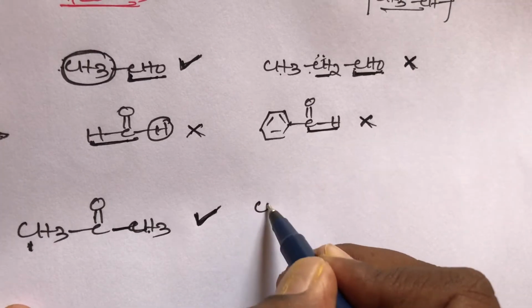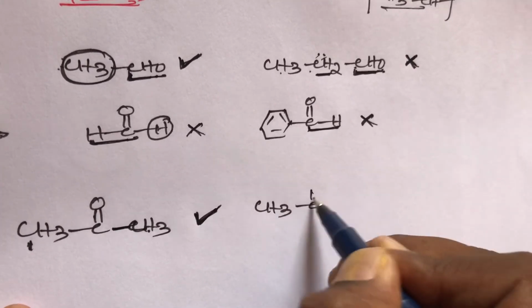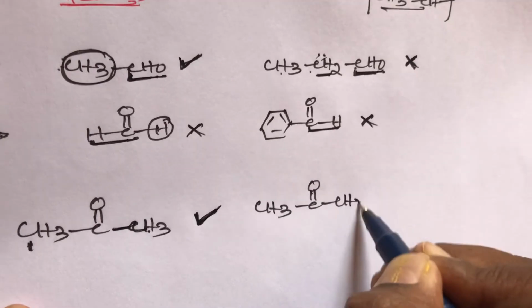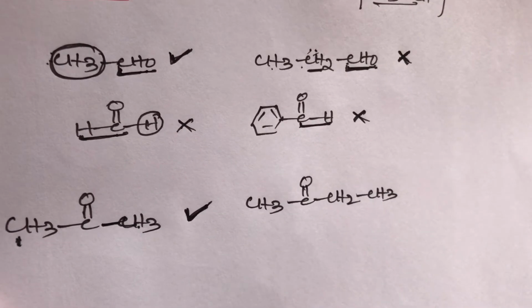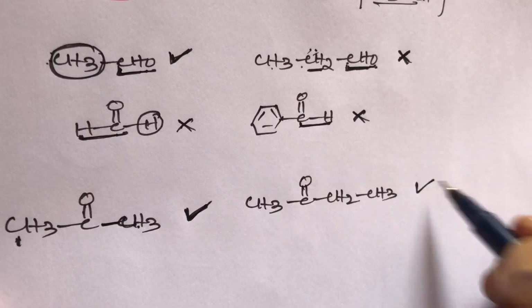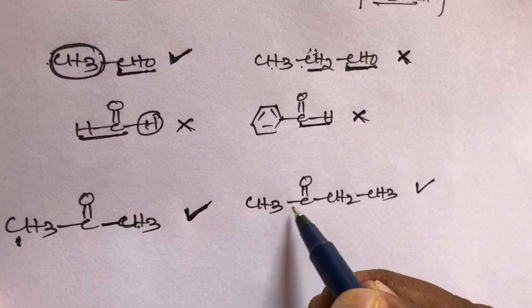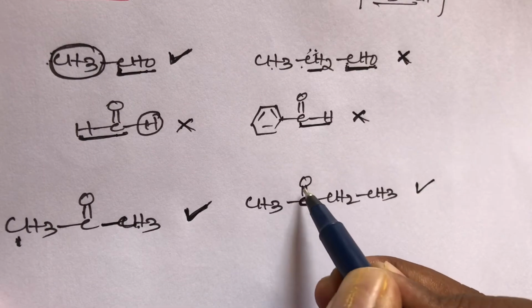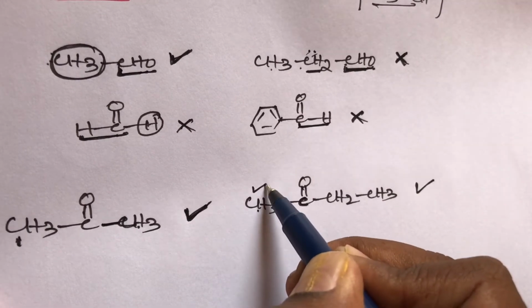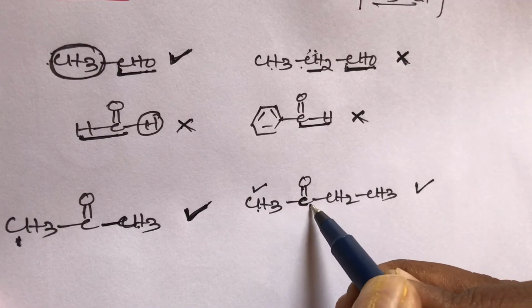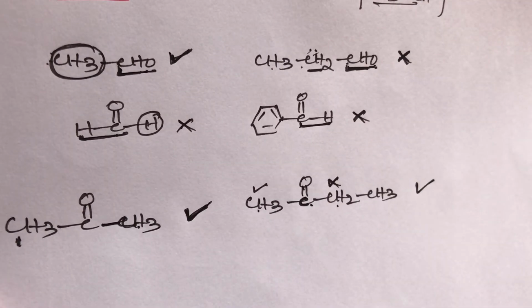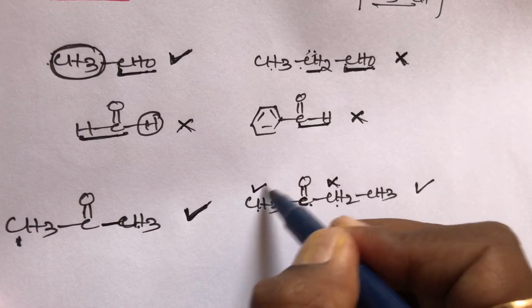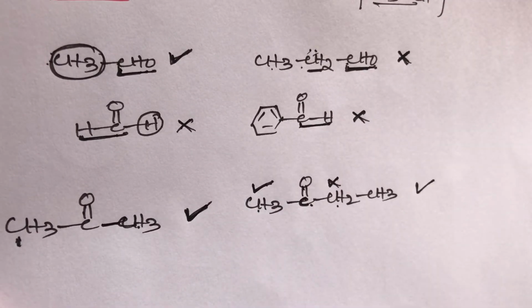And the second example, students, CH3C(=O)CH2CH3. It is also giving the iodoform test. Why? Because on the left hand side the CO group is directly connected with a methyl group, but on the right hand side it is directly connected with a CH2 group. So the right hand side does not give the iodoform test, but the left hand side has one methyl group, so it also gives a positive iodoform test.